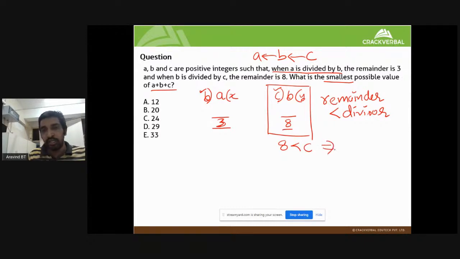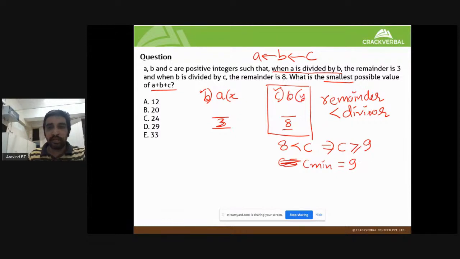What does that tell you? It should tell you that C has to be more than or equal to 9 because 8 is less than C. So what is the smallest value for C? C minimum is 9.